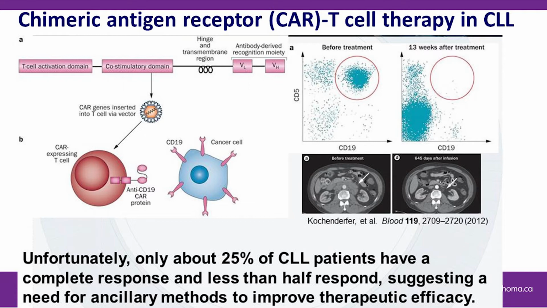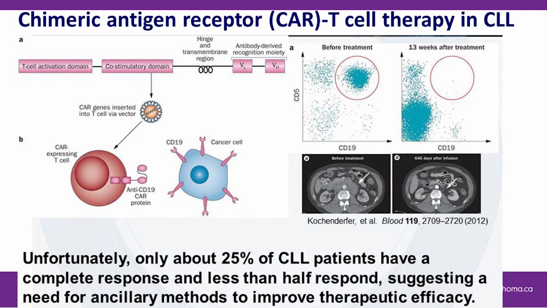So when T cells that express this receptor go into the body, they'll bind to CLL cells because they are directed to respond to antigens, to markers on the CLL cell, and they guide the T cell towards the CLL cell. And then once they bind there, the second component delivers a signal into the T cell that gets it activated so that it can clear the CLL cell.